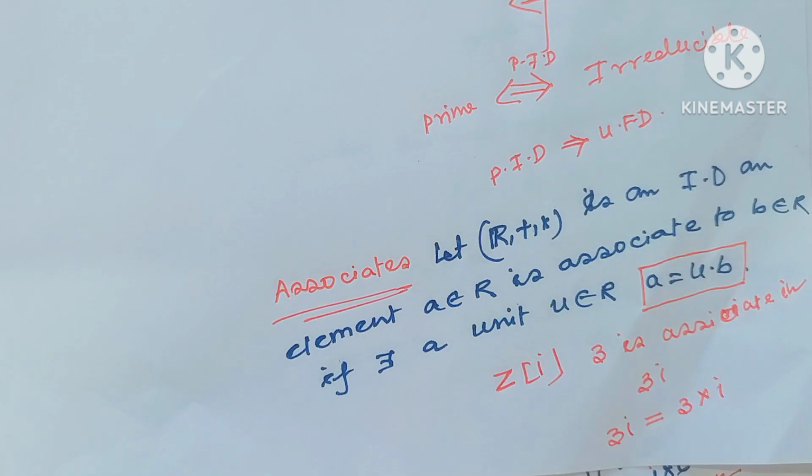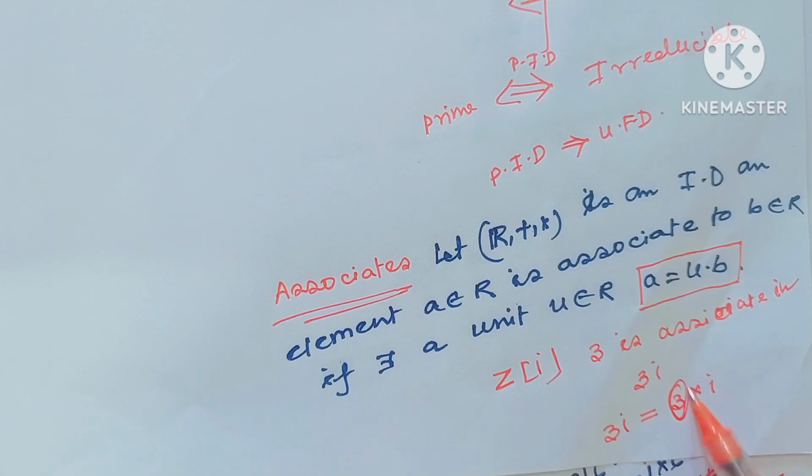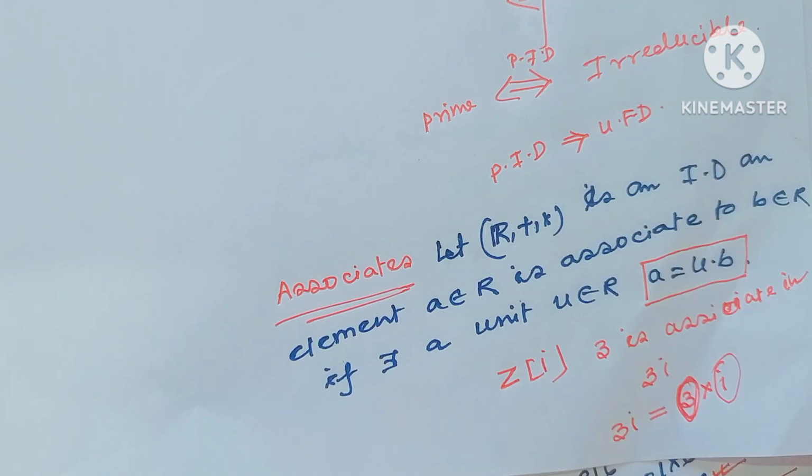So 3i is associated with 3, where i is unit in Z[i].